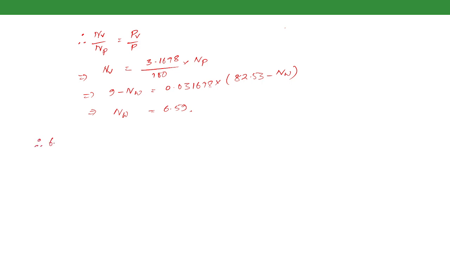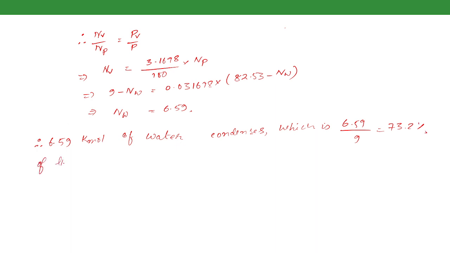Therefore, 6.59 kilomole of water condenses, which is 6.59 by 9, is 73.2% of the total vapor present. Okay, so 6.59 kilomole of water basically condenses.